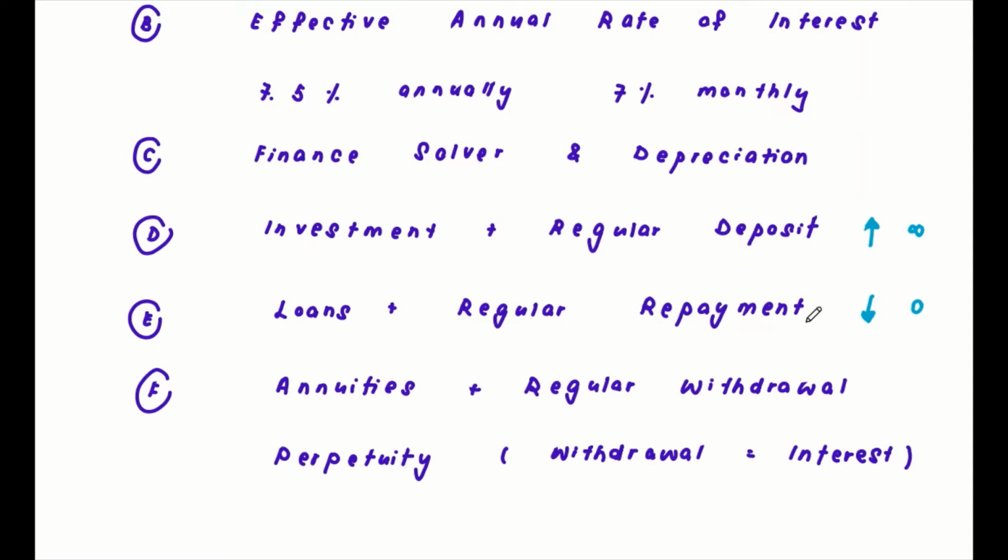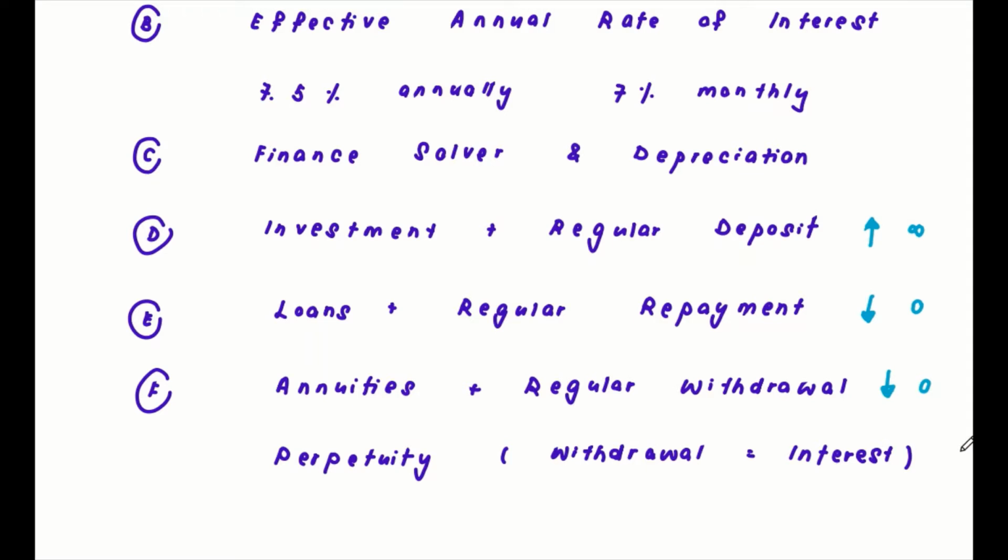That's why you have something called the last repayment. The same goes for annuity: you keep doing regular withdrawals, so the amount of money in your annuity account is decreasing as well, and it's going to reach zero. That's why you have your last withdrawal in your annuities. Your annuity will just die after the account reaches zero.